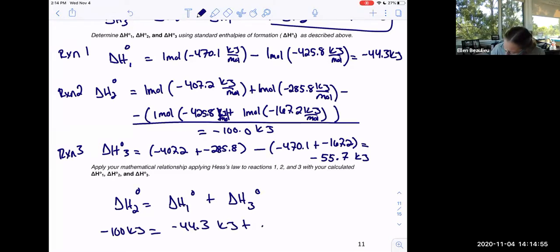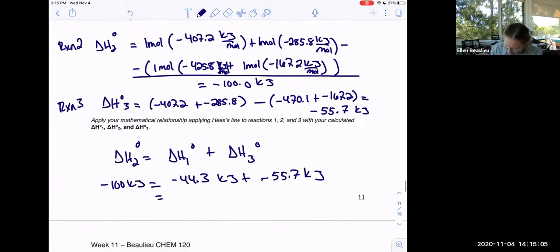And delta H3 is negative 55.7 kilojoules. Is Hess's law a law or a theory? I'm going to say from this data, confirmed. Ideally, when you're measuring in the lab, the experiment should be a confirmation of Hess's law.